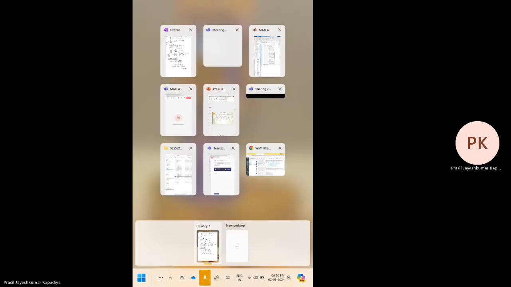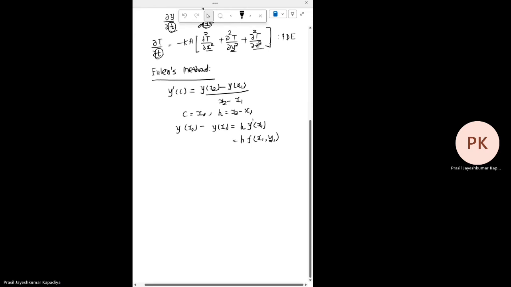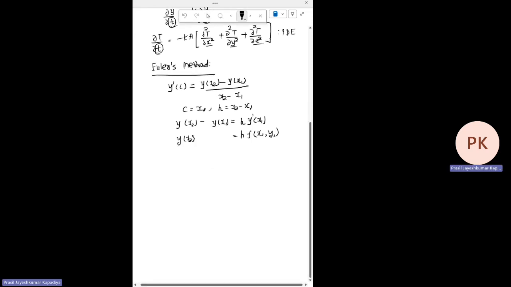So y of x2 is equal to y of x1 plus h into f of x1 comma y1. For simplification I can write y2 is equal to y1 plus h into f of x1 comma y1. This is nothing but my equation for Euler's method.